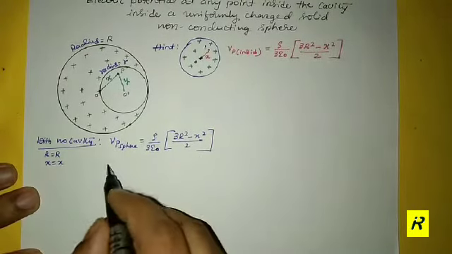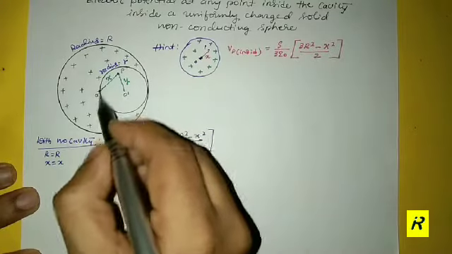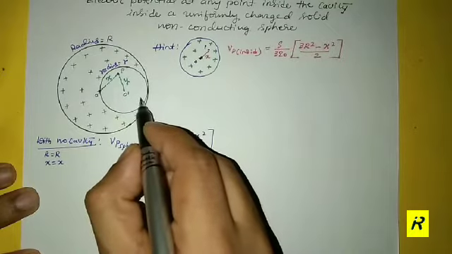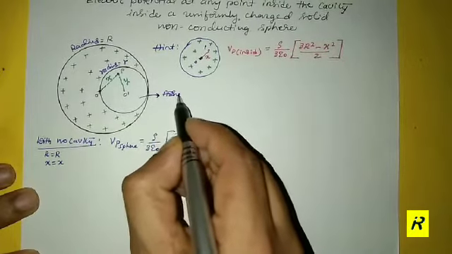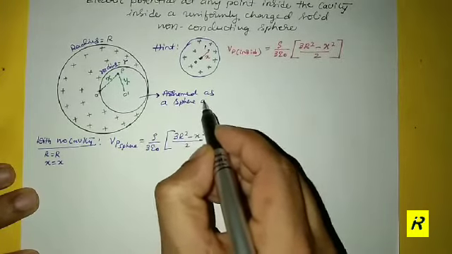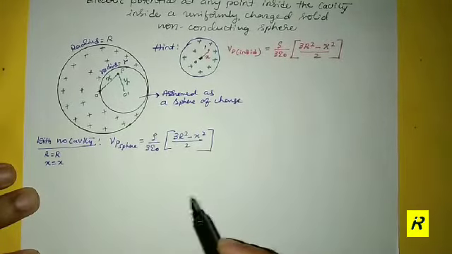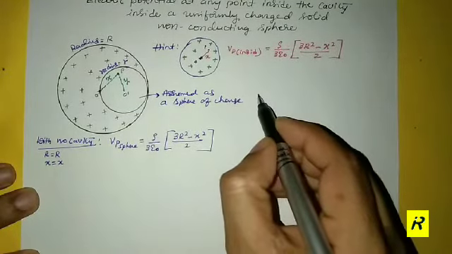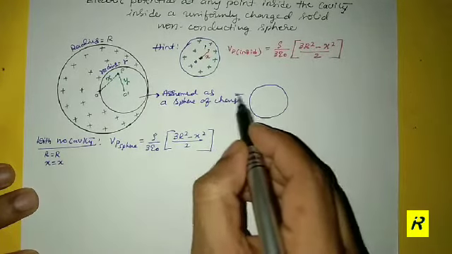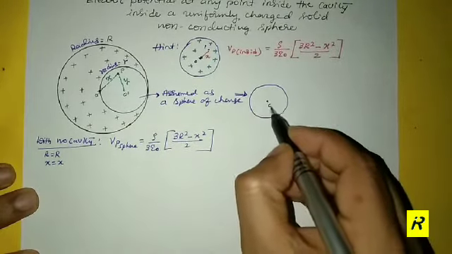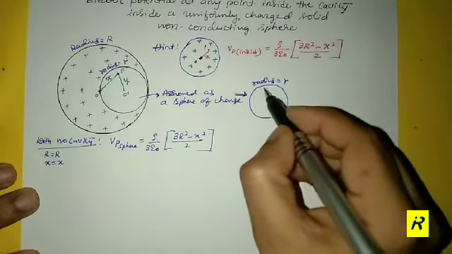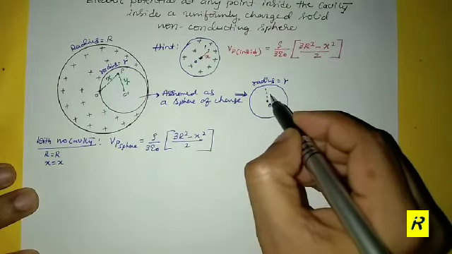Now assume the cavity portion itself as a sphere of charge, like this. This is O dash, the radius is r, the point is here, and this distance is y.